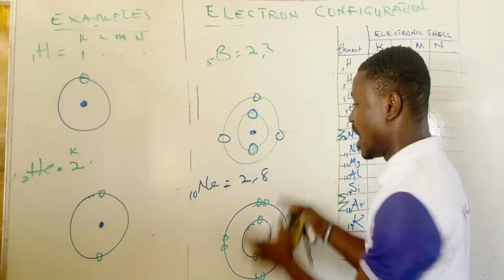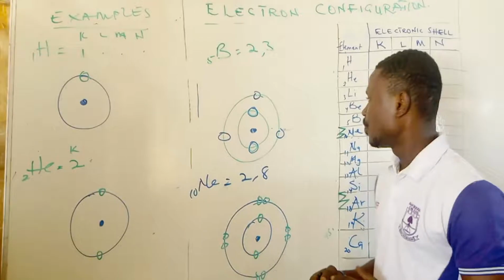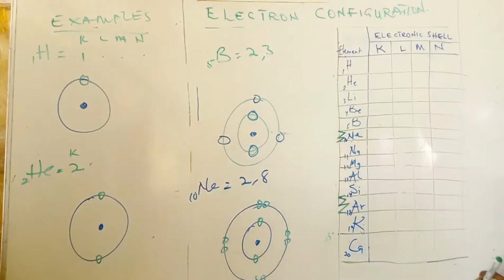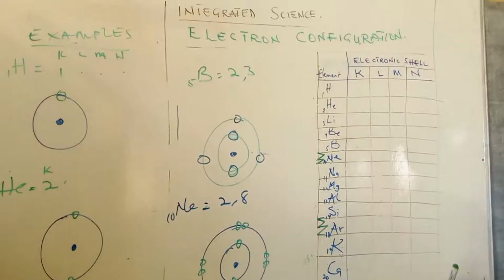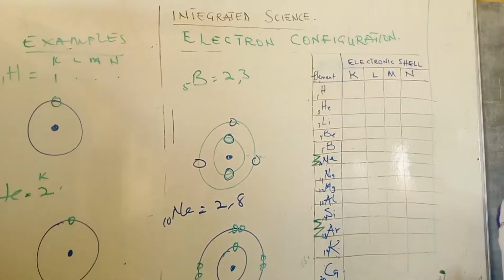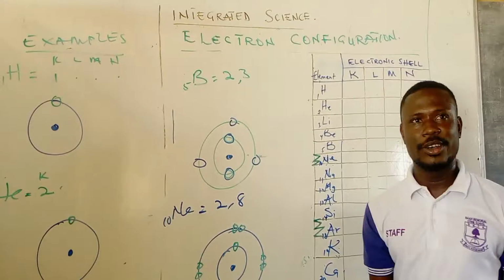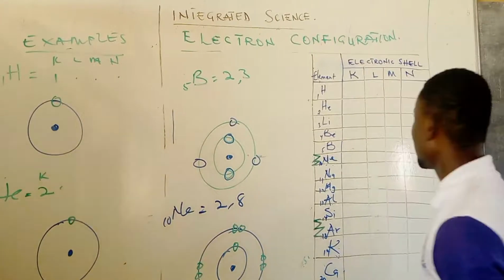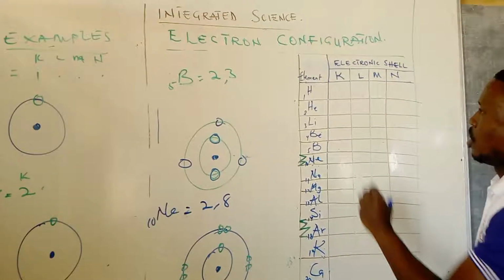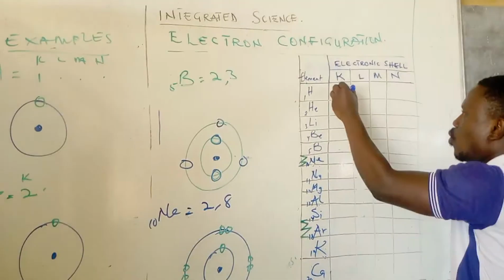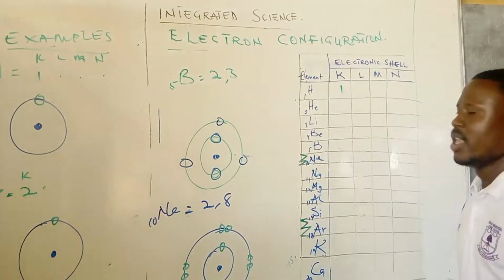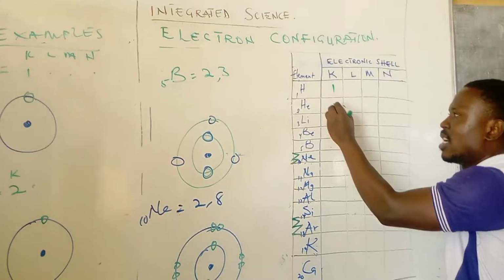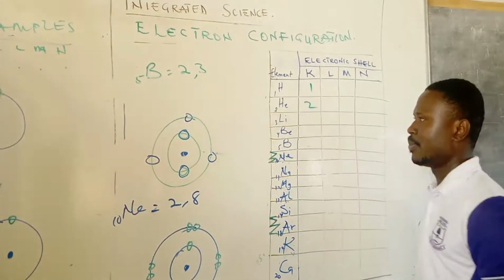We can do that for all others. Beryllium is 4, so we put 2 on the K shell. The remainder 2 goes to the L shell. So we have it as this. Boron 3, as we realize here. So boron is 5, so it has 3 on the outermost shell, that is the L shell. This is neon 10, so we have 2 and remainder 8 on the second.